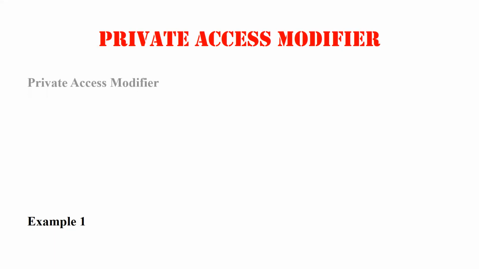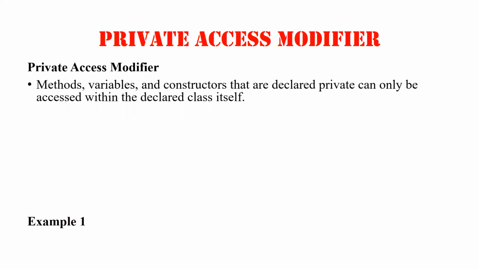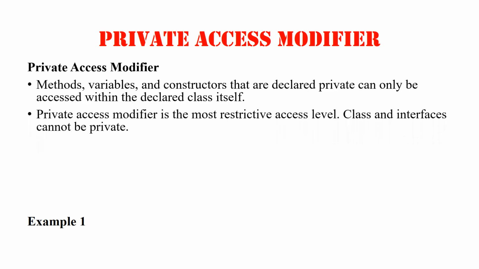So we have private access modifiers, which are used in methods, variables, and constructors, and mostly they are declared as private because we want them to be accessed within the declared class itself, not elsewhere. So that's what happens there. The private access modifier is the most restrictive.